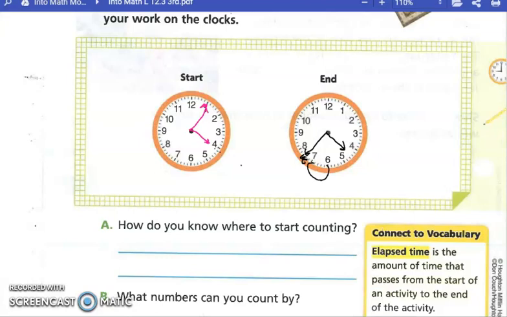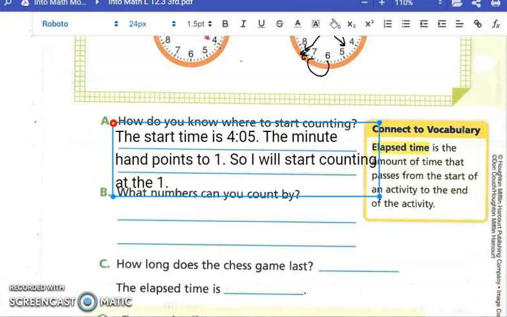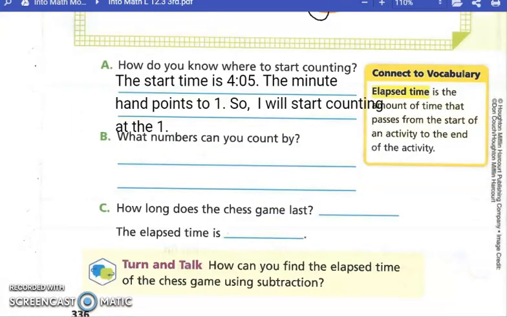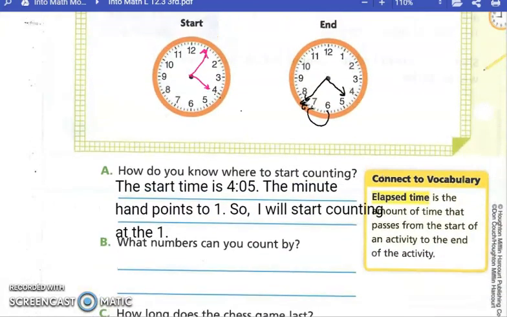So the start time is 4:05. The minute hand's pointing to the 1. We already talked about that. So I will start counting at the 1. What numbers are we going to count by? 5. And then what are we going to have to do? We're going to have to count by 1s, right?